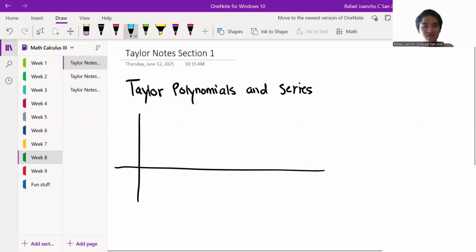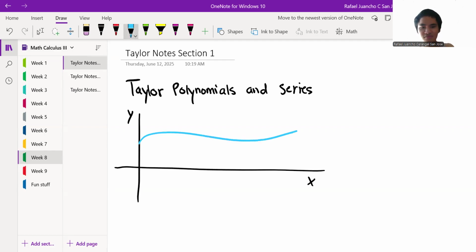Say this is an xy plane here. Let's say we have some function where, if we're given some x value, we have a corresponding y value, or f of x.